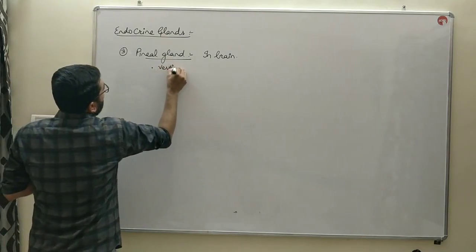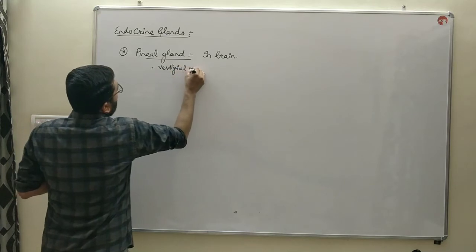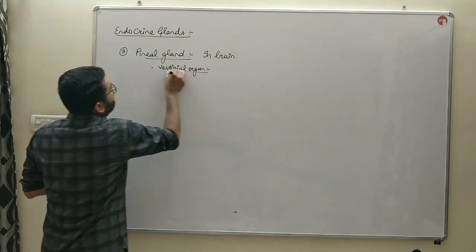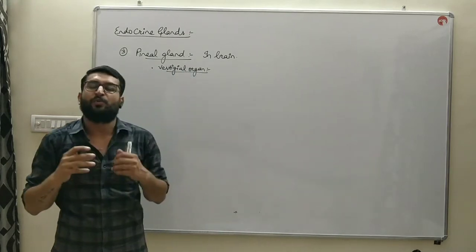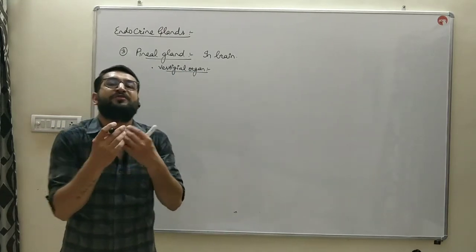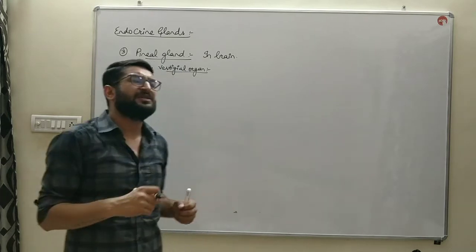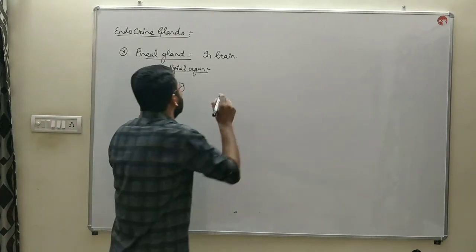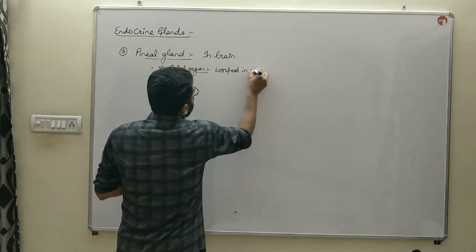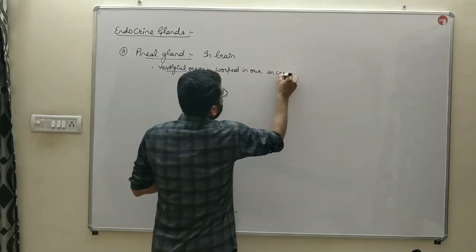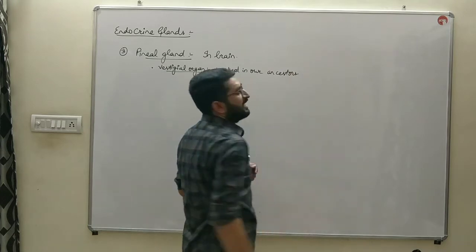What is a vestigial organ? The organs which were working in our ancestors, but now they are non-working. Now they are non-functional. ऐसे organs बच्चे जो पहले हमारे ancestors में work करते थे. Ancestors does not mean our grandfather.